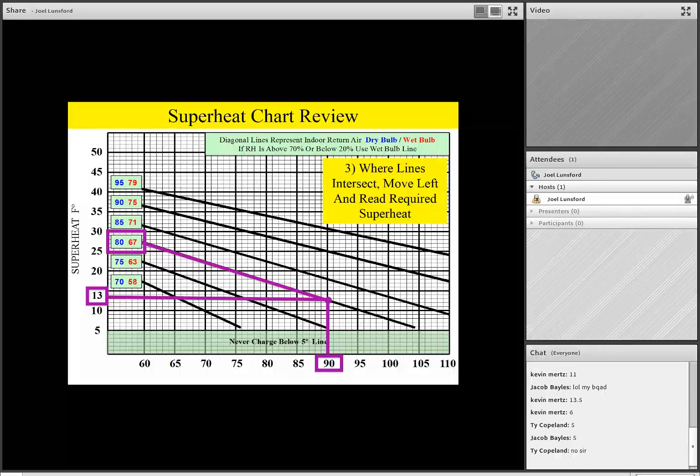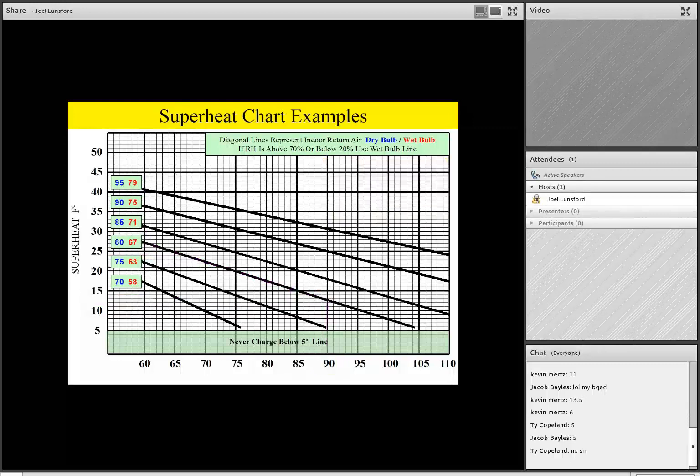Let's go ahead and clear the chart at this time, and let's do some examples together. And follow along on the chart with your handout as we do some examples together. Let's say in this next example, we have a 75% relative humidity in the space. So we automatically know we're going to be looking at one of the red wet bulb numbers.